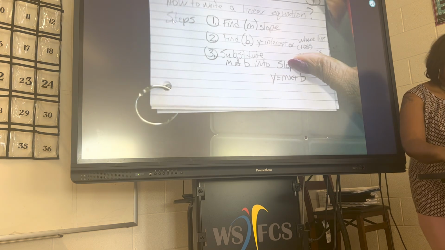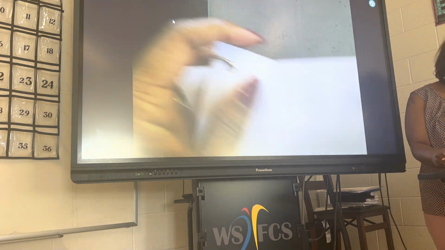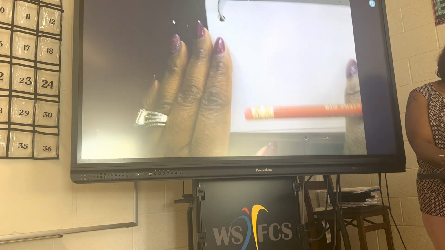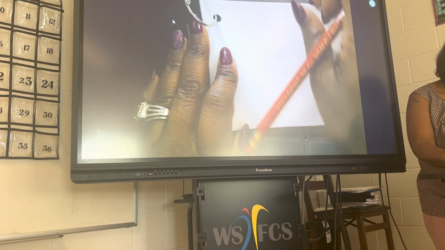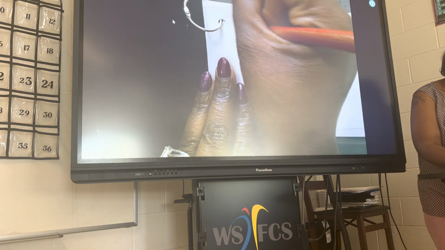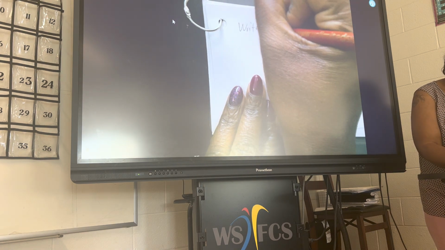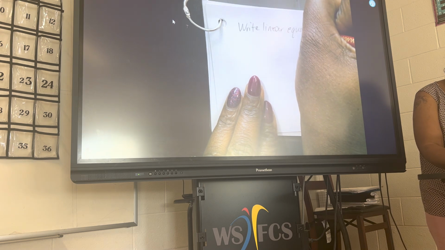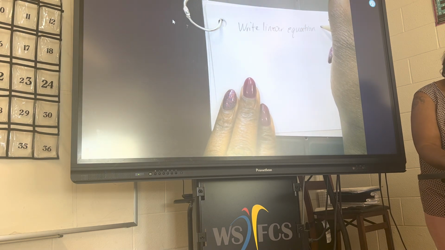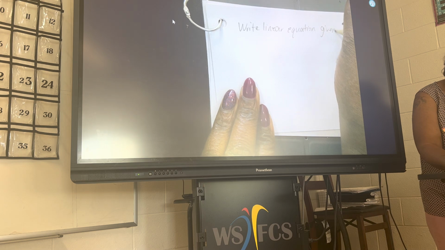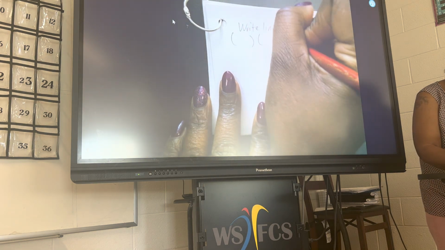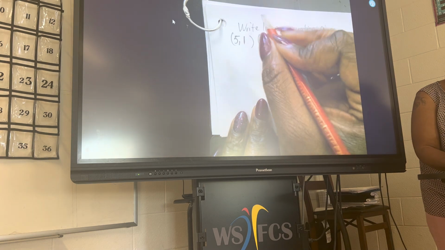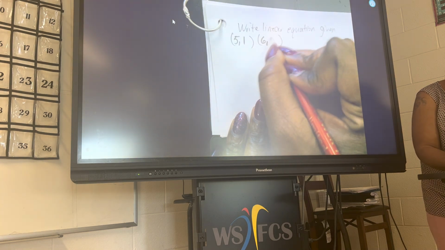On the back of note card 4, write the equation given 2 points. So you're going to write a linear equation given 5 and 1, and let's do 6 and 7.